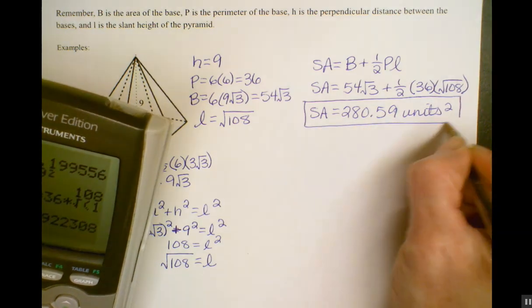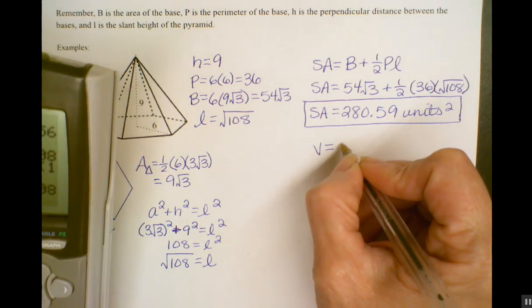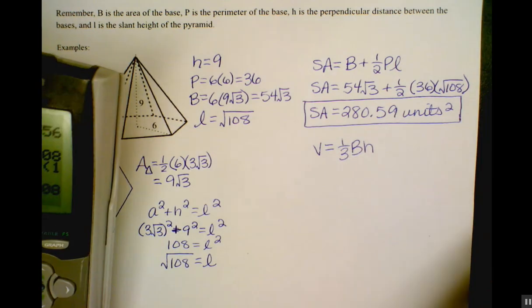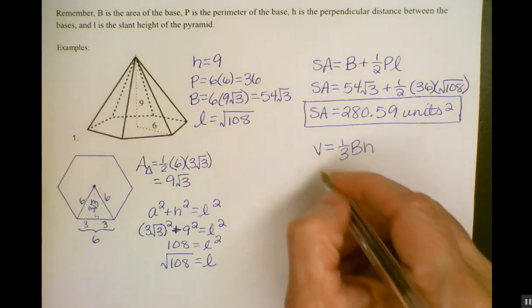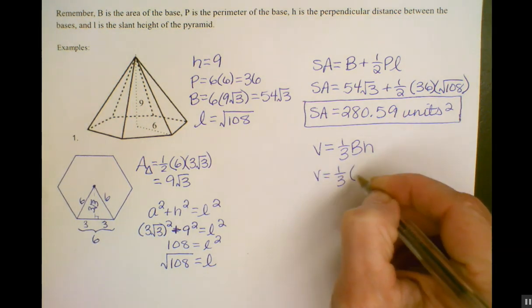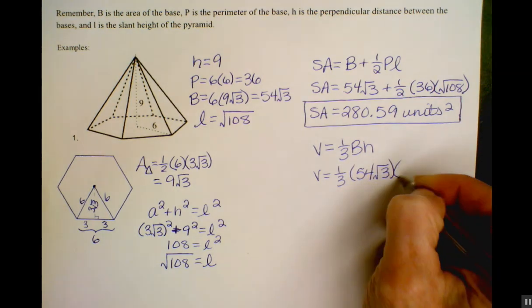And you may recall that throughout this chapter we've said we'll be using 2 decimal places in our solution. All right, on to the volume. Volume is equal to 1/3 times the area of the base times the height of the solid. So in this case, V equals 1/3 times 54 square root 3 times 9.